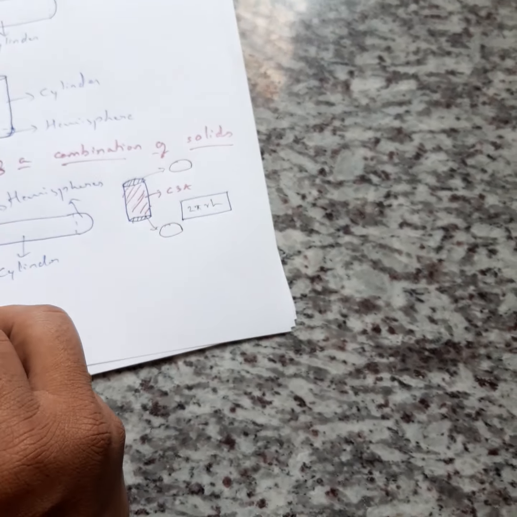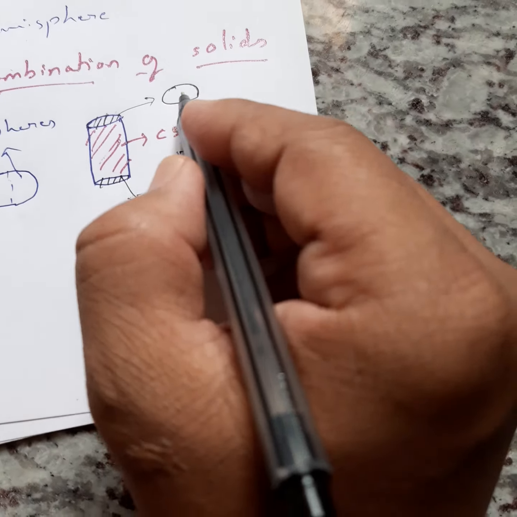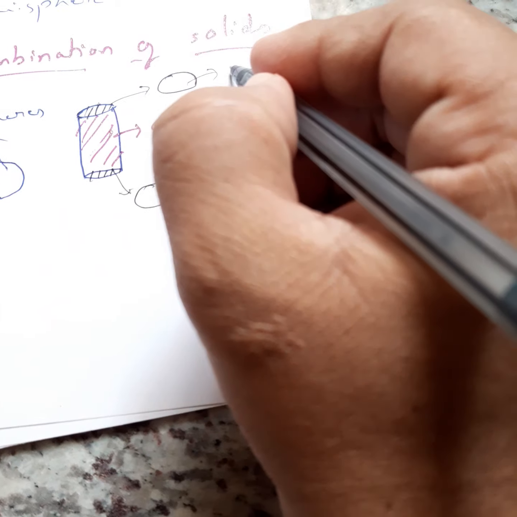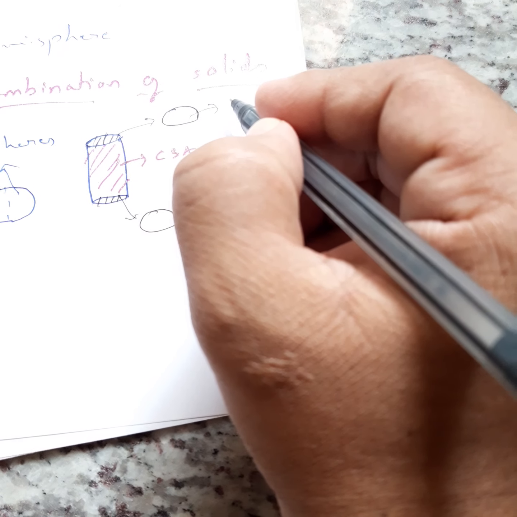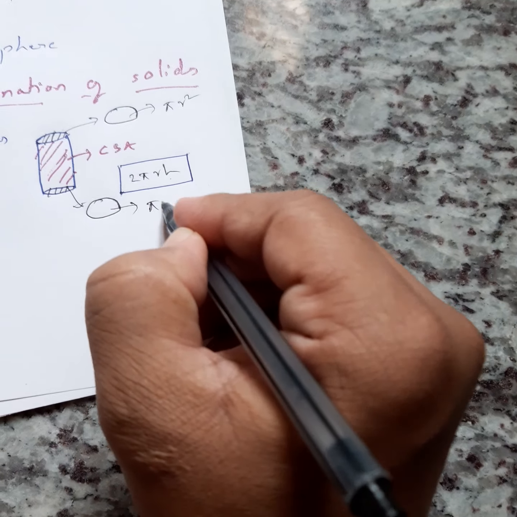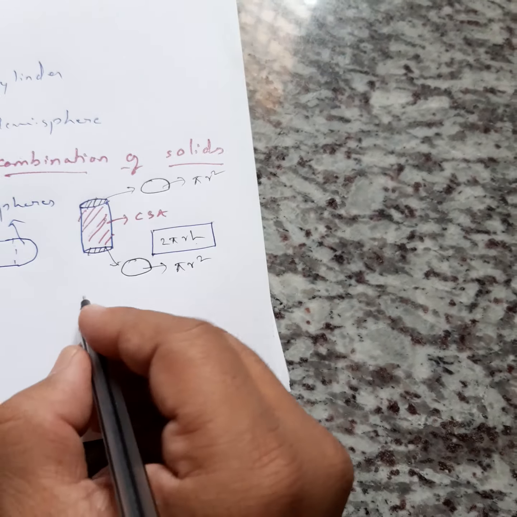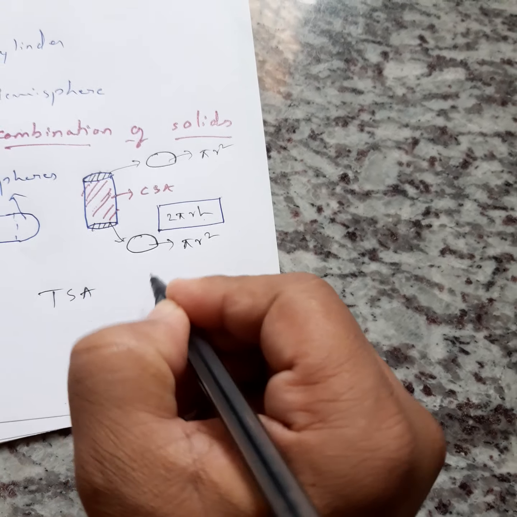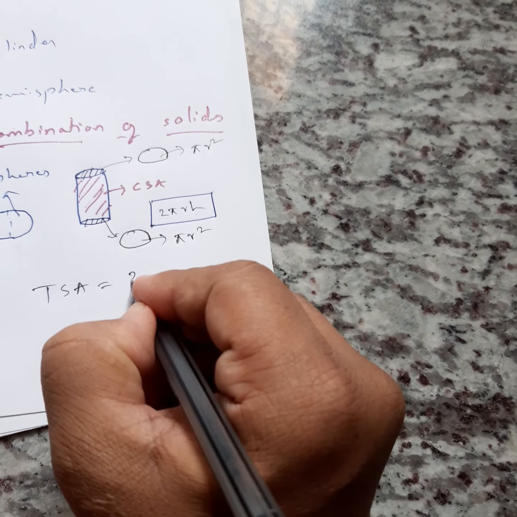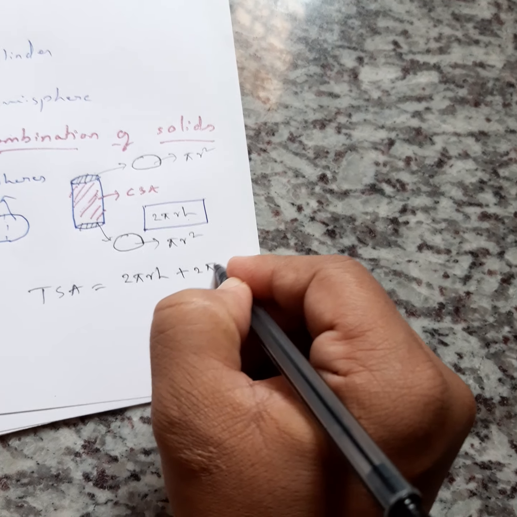You already studied this, 2 pi RH, and the area of this circle is pi r square, and this will be pi r square. So total surface area will become 2 pi RH plus 2 pi r square.